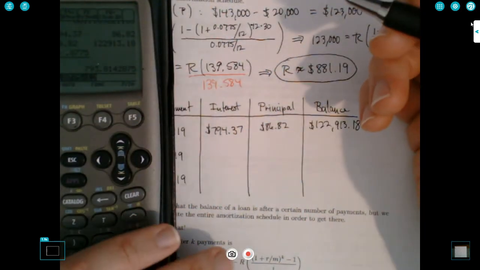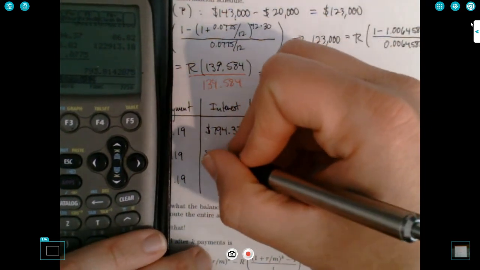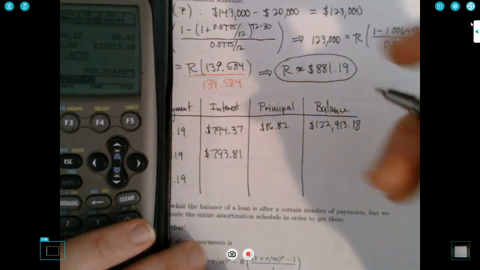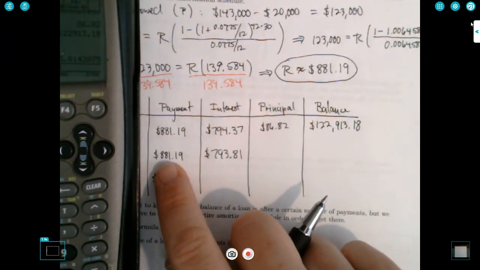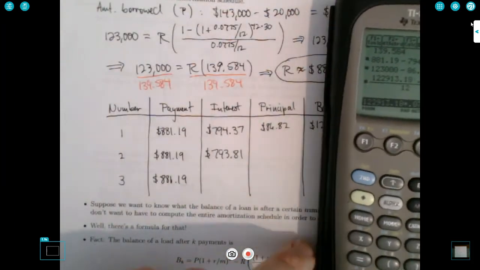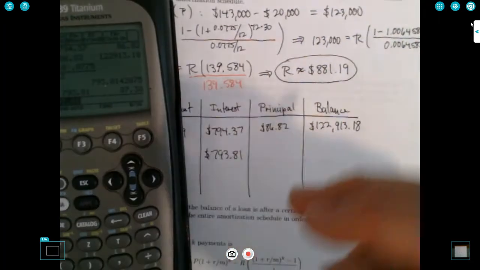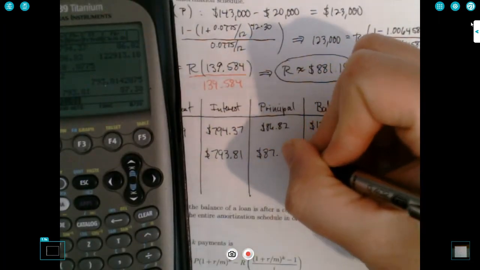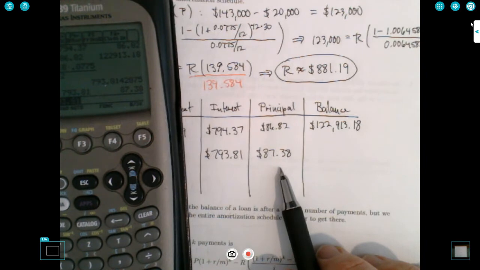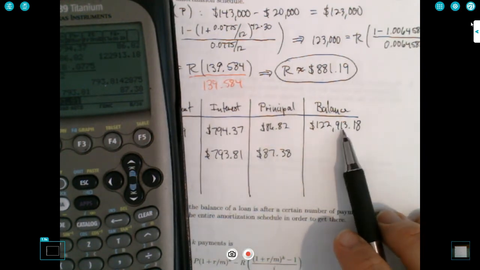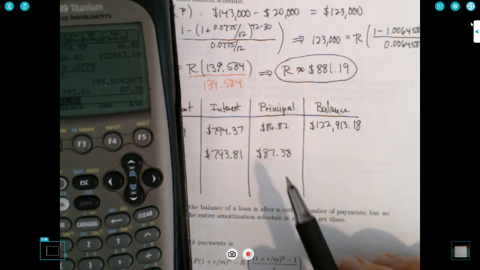So this time the interest is going to be $793.81. So the amount that goes towards the principal is the payment that they made, $881.19, minus the interest that they paid, $793.81. So this time they get to pay $87.38 toward the principal, which means the balance is going to be $122,913.18 minus $87.38.